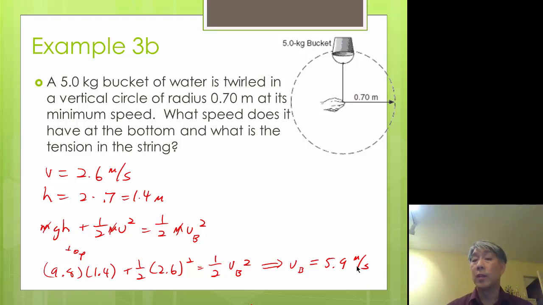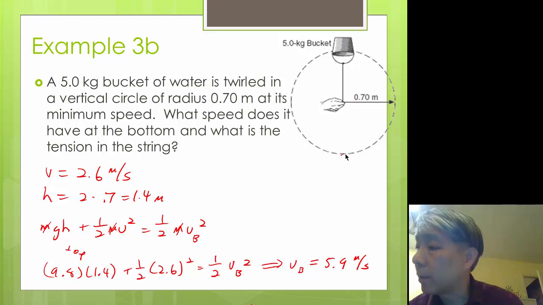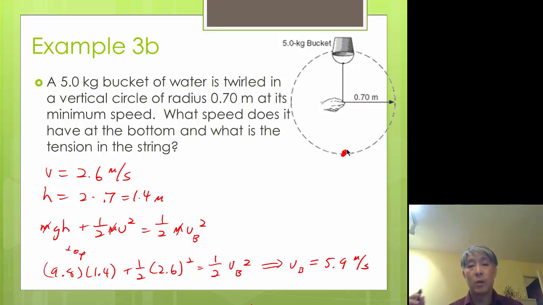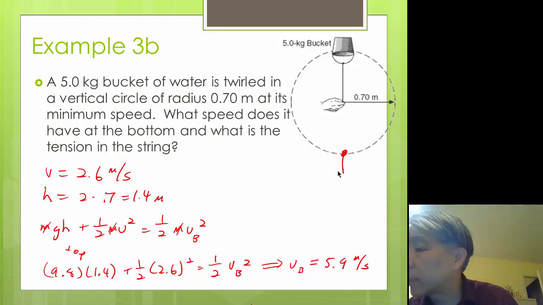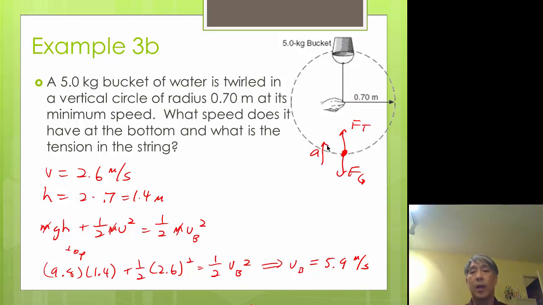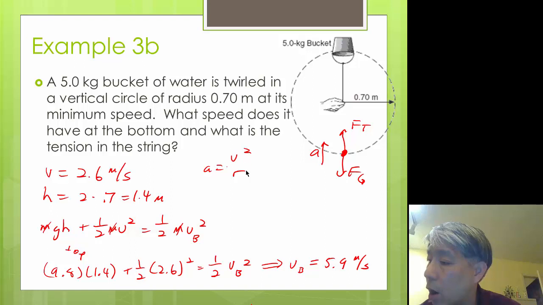Okay, what is the tension in the string? Oh, hold on, that's a different question now. But I know a couple of things. This is again the same thing as the car problem, because when it's at the bottom, I have the force of gravity downwards, force of tension upwards, and my acceleration upwards. I can calculate that acceleration because it's going to equal v squared over r, and here's my v, and here's my r.